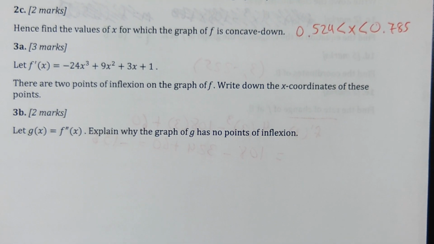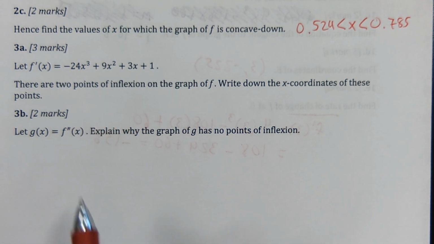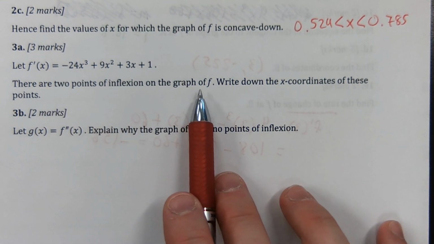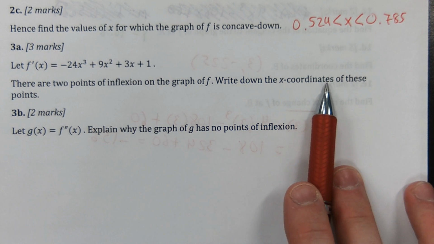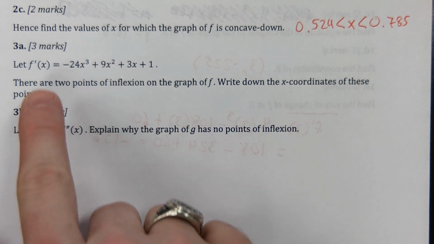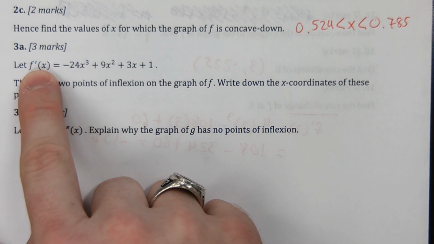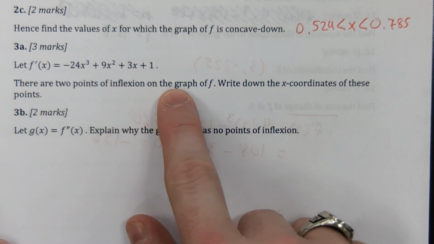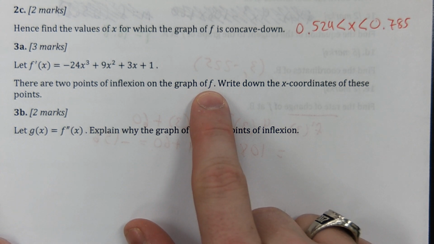Number 3, new polynomial, says there are 2 points of inflection on this graph. Write down the x-coordinates of those points. All right, well, points of inflection are, I almost goofed up. This is f prime. It says there are 2 points of inflection on f.